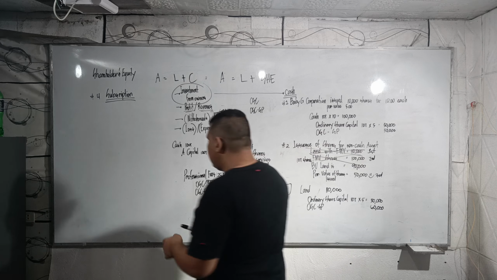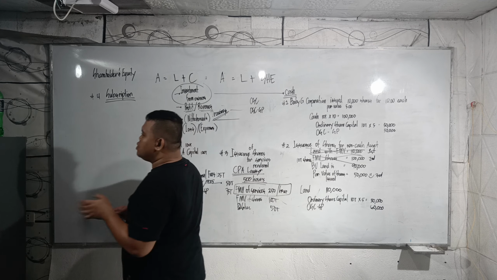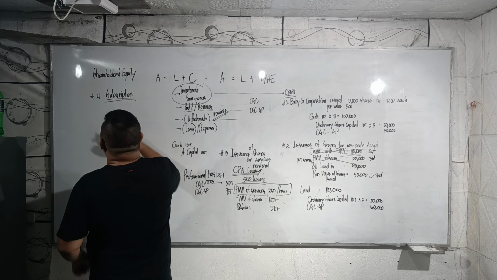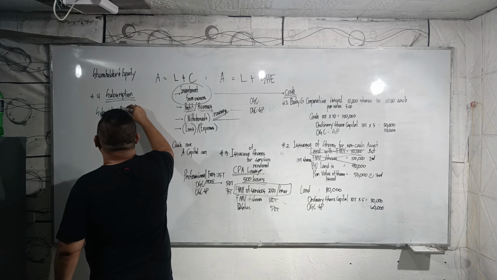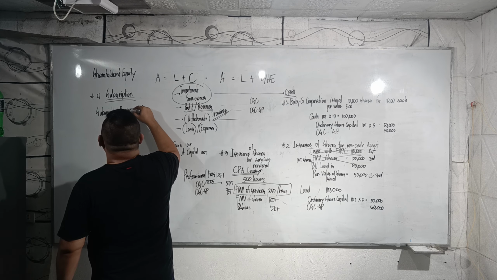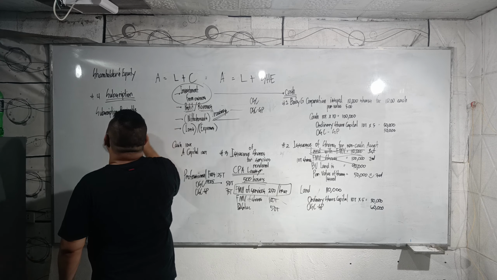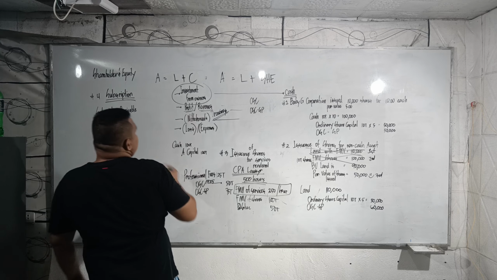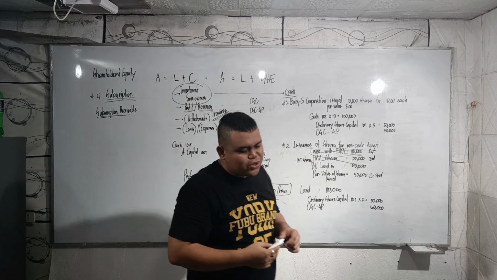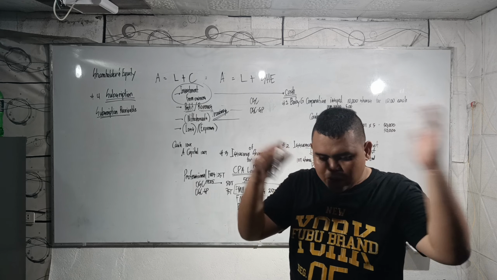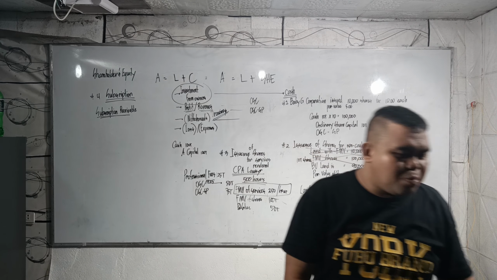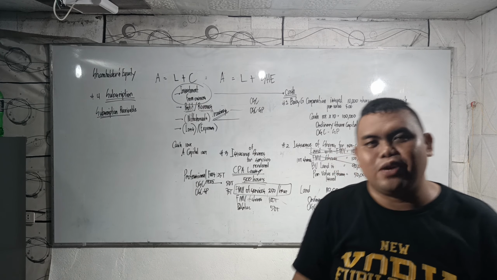So what will happen? Upon the receipt of the subscription or promise, you will have an entry: subscription receivable immediately, which is another account of shareholders equity. So this is the pattern of our discussion always. It's the introduction of new accounts until we complete the possible account titles for the shareholders equity.